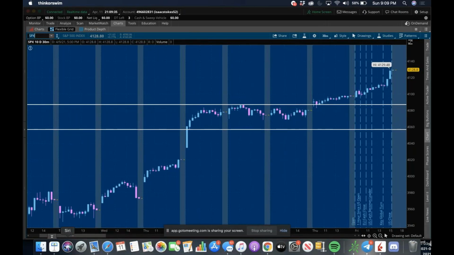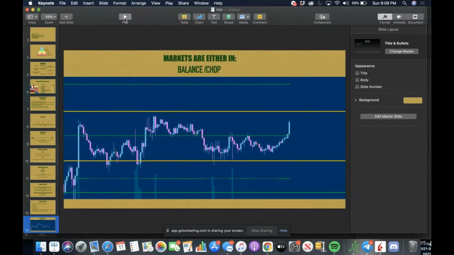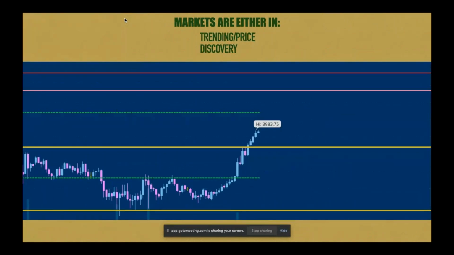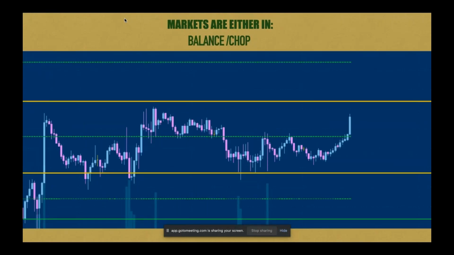And when we're not in balance or chop, obviously we are in price discovery mode, which is where price action, and understanding sequence and numbers, is going to be key to you, right? Because here, I don't need to understand anything about balance or sequences. I just need to understand the breakout here, breakout, simple, right? Breakdown, breakdown.